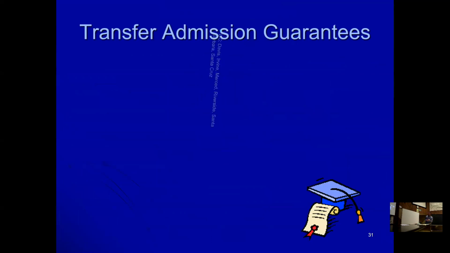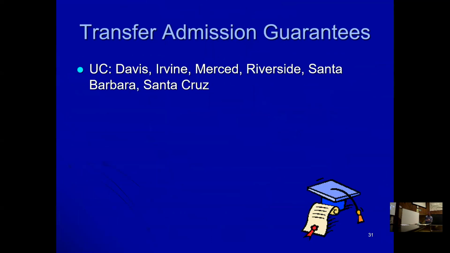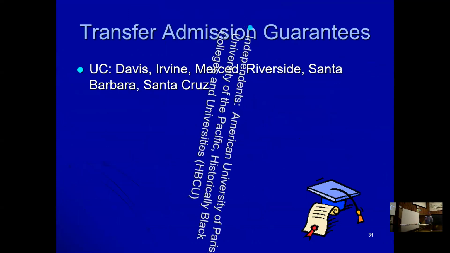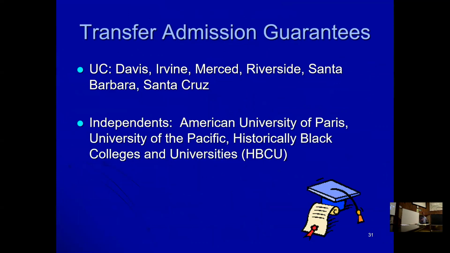All right, transfer admission guarantee. So, as I said before, there are 6 campuses. These are the 6. And as an FYI, if you're considering other options, we do have guaranteed agreements with other institutions. So if you'd like more information about these, then come to the transfer center. We can go over that with you.